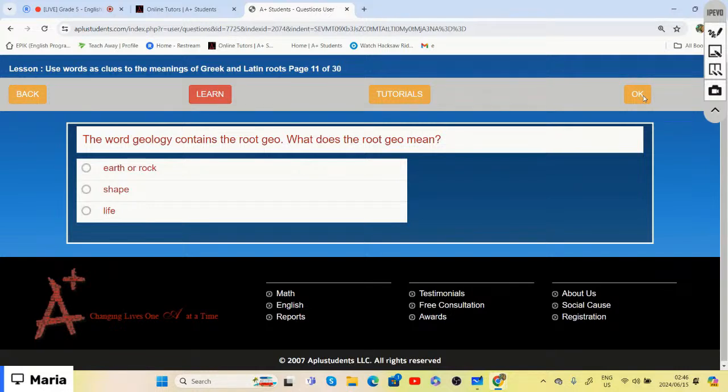All right, let's do the last one. The word geology contains the root geo. What does geo mean? Does geo mean earth or rock? Does it mean shape or does it mean life? Geology.